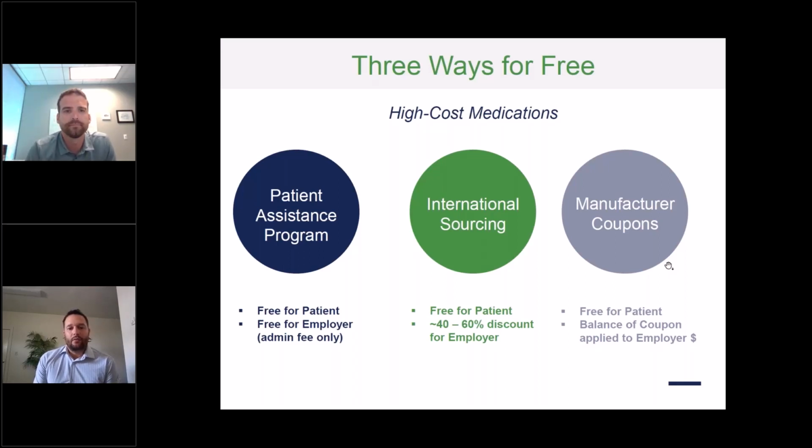And so what we are able to do with the right plan and the right education process is find those 2% of people that are driving about 50 to 60% of prescription spend with what's called specialty drugs. And we basically help them access those funds, and those funds then cover the cost of the medicine and the patient gets it for free.